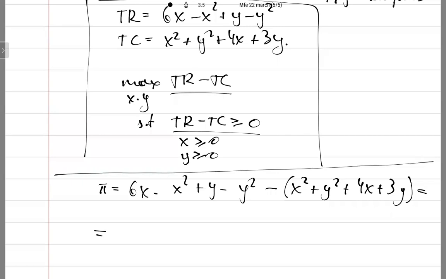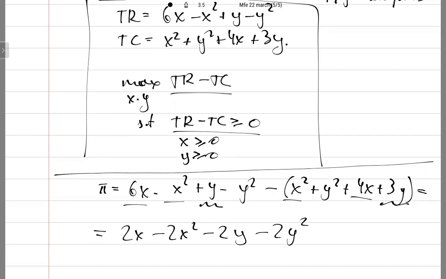It will be 2x minus 2x squared minus 2y minus 2y squared. So that will be my profit.